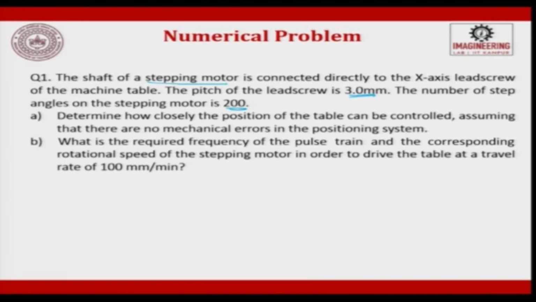This is an ideal case. Problem number 2: what is the required frequency of the pulse train and the corresponding rotational speed of the stepping motor in order to drive the table at a traverse rate of 100 millimeter per minute? What is the frequency, the number of pulses required?